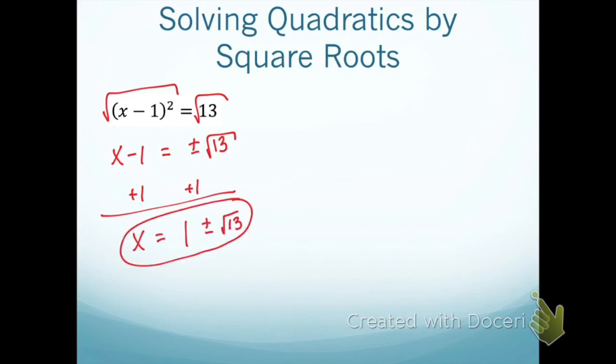The reason I'm doing that is because I know I can't combine 1 plus square root 13 or 1 minus square root 13, so I'm just going to write it in this more simplified way. I still have 2 answers. I'm just writing it as 1.